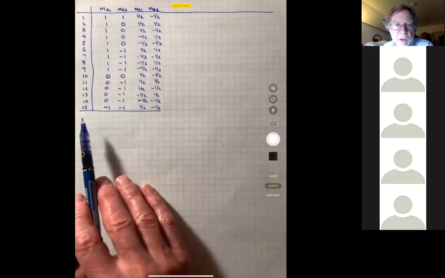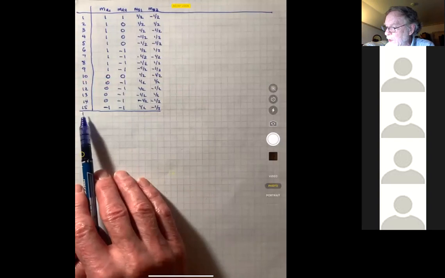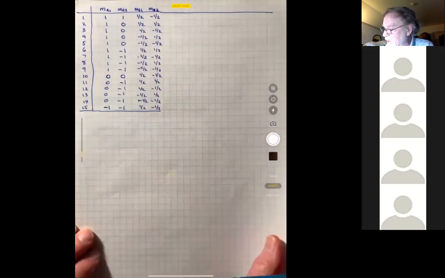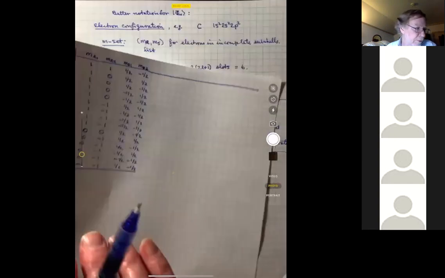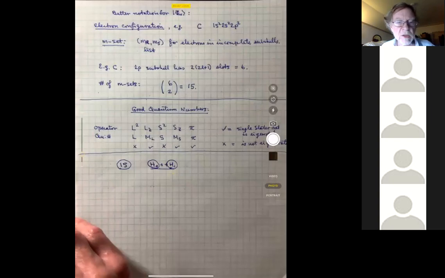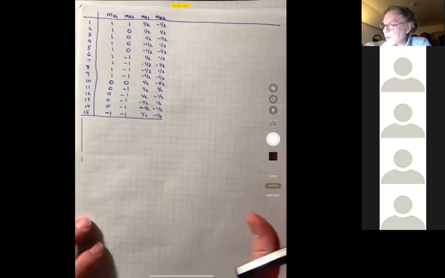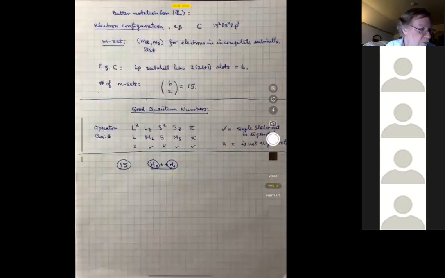And if you're careful how you do it, you should get the right answer, which is given by the binomial coefficient 6 choose 2, that is 15. I'll come back to this table in a minute, but that's just a detailed enumeration of those. So each entry in this table, understand, represents a different Slater determinant. That's the idea. Okay.